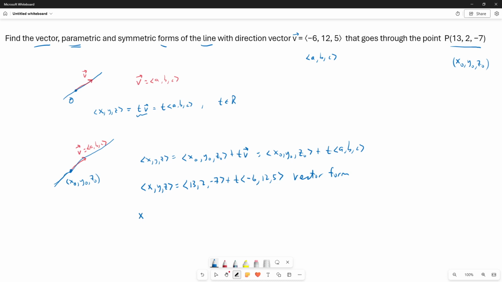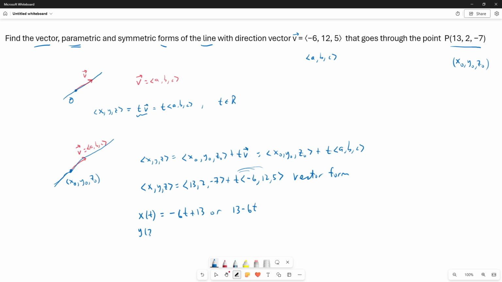We'll call that x of t. x depends on t. x of t equals, if you combine these, you distribute to t, you get -6t, and then add 13. So -6t plus 13, or 13 minus 6t. So that's the parametric form for the x component of the line.